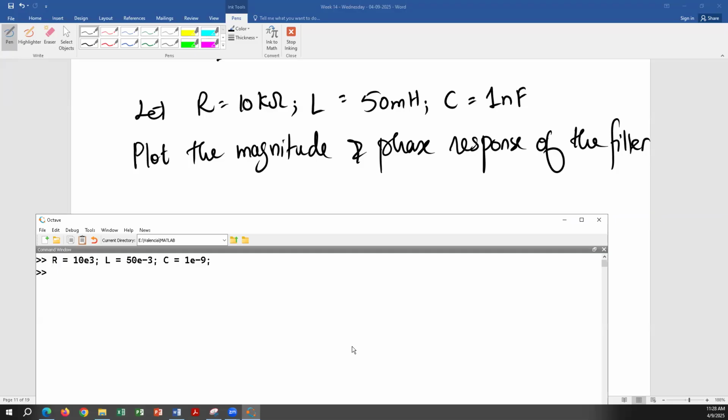So let's do f is equal to, we go from 0.1, again, let's go to 100 step size, and let's go to 2 megahertz, so 2 exponent 6. And then omega is equal to 2 times pi times f, because our expression is written in terms of omega.